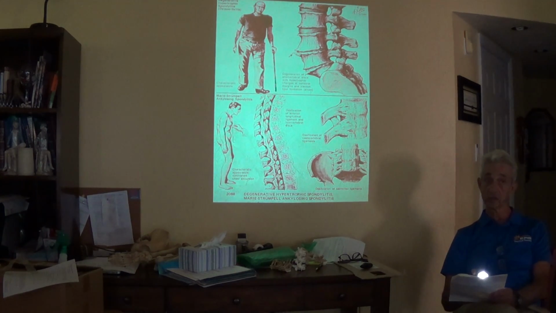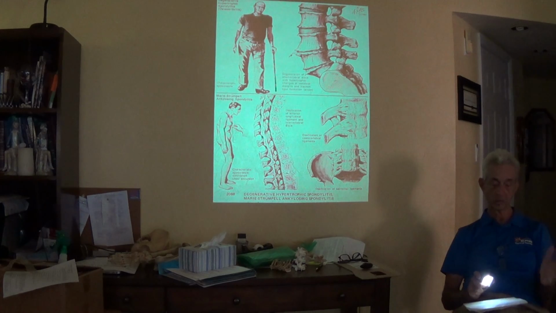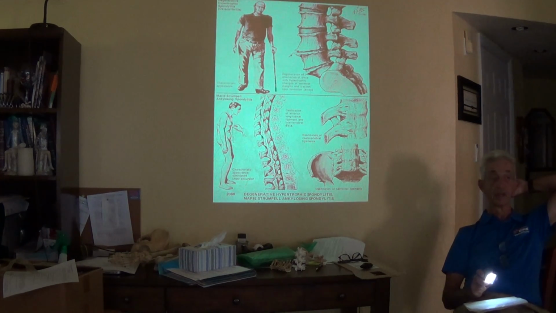It opens the neural canal between segments. It extends the ligamentum flava. And with spondylolysis and spondylolisthesis, flexion actually decreases the stress on the pars interarticularis bone. So we do flex these people, and it does help them.